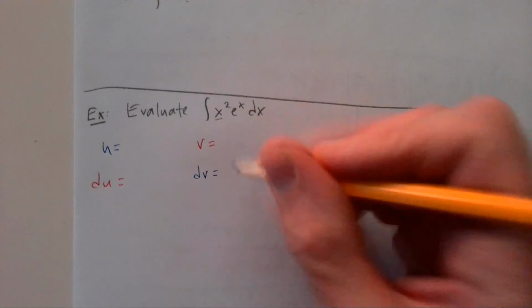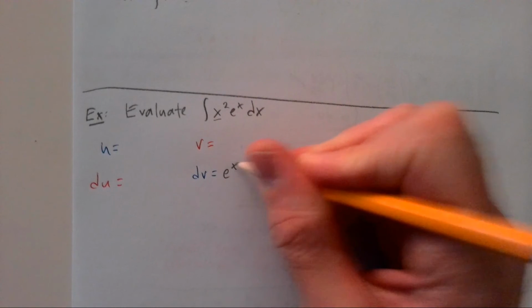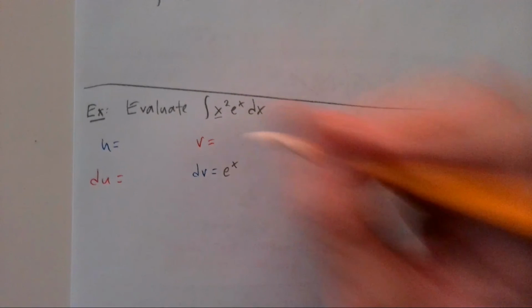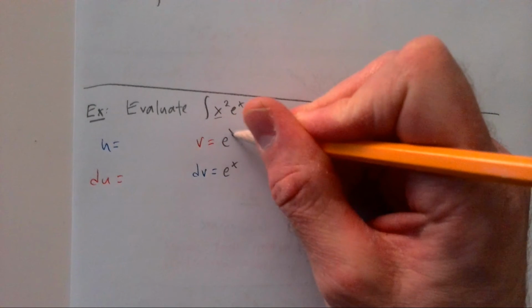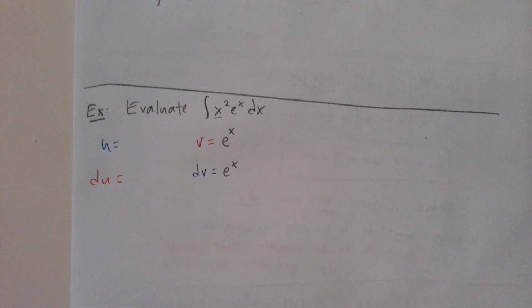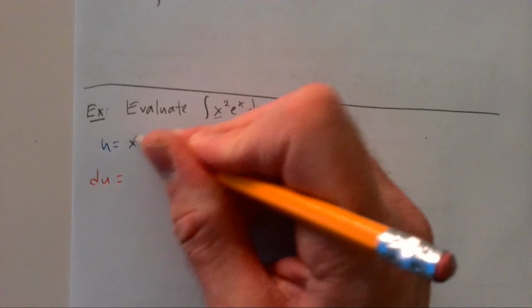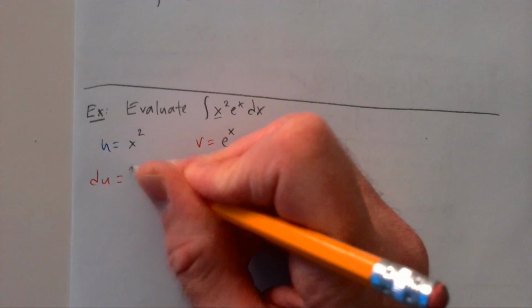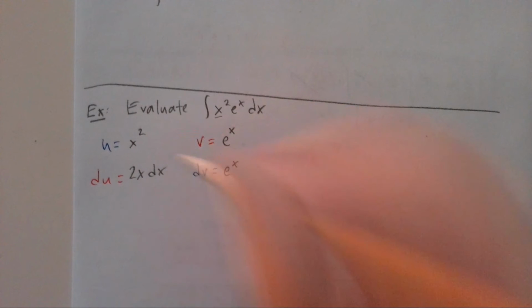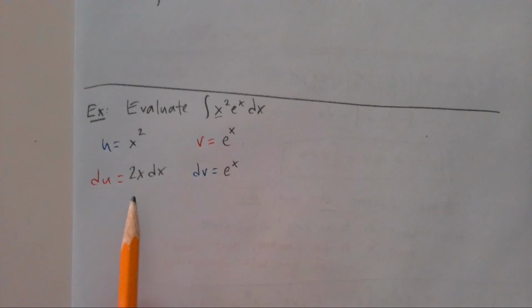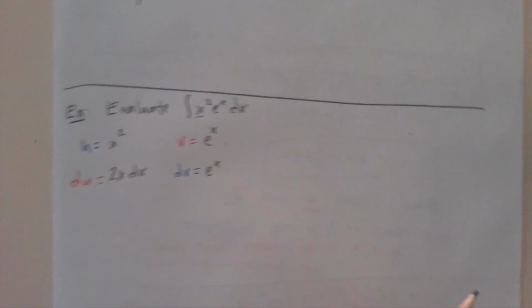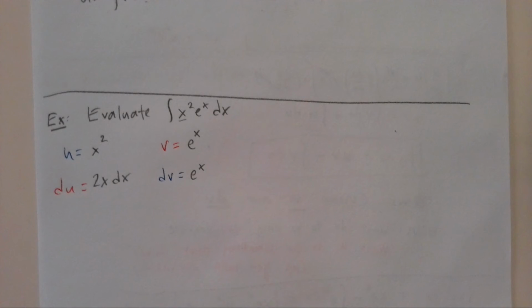We let e to the x be dv, because that was relatively simple to find the integral of, and it doesn't make things more complicated when we take that integral. And when we have x squared, du is going to be 2x dx. So I still have a variable, but it's simpler in terms of how many functions, and to what power, are multiplying inside my integral.